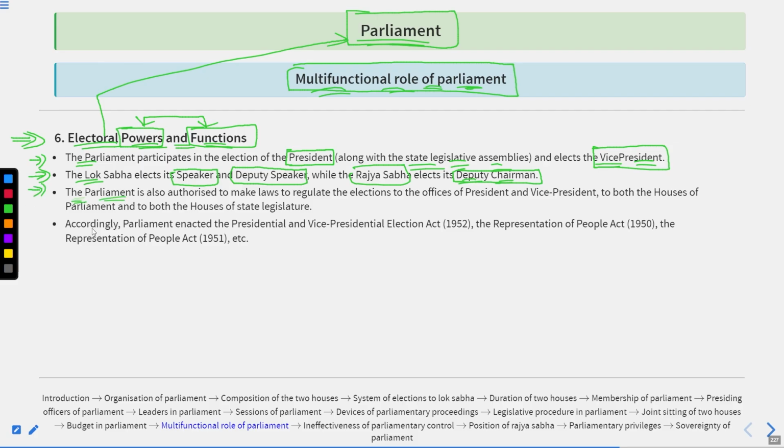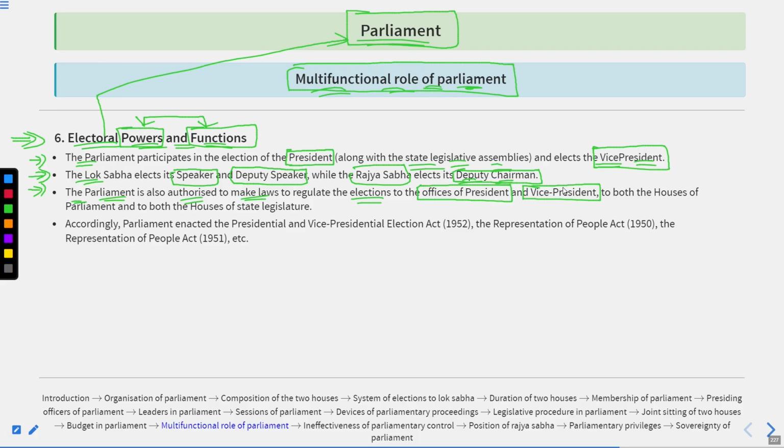Thereafter, the Parliament of India is also authorized to make laws to regulate the elections to the office of president and vice president. Because we know the president and vice president are both constitutional roles, and their powers and articles are enumerated in the Constitution of India.